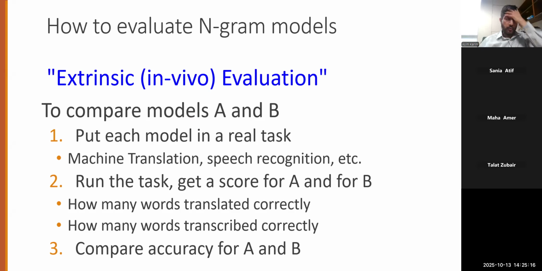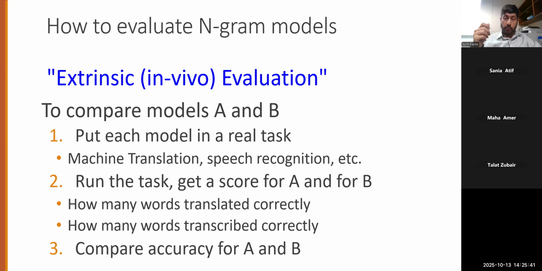So there are generally two ways of evaluating a language model. Remember, a language model is usually a component in a larger NLP application. So a language model may be used to, for example, develop your embeddings, for example, contextual embeddings, and then those embeddings are used in applications like summarization or classification and so on.